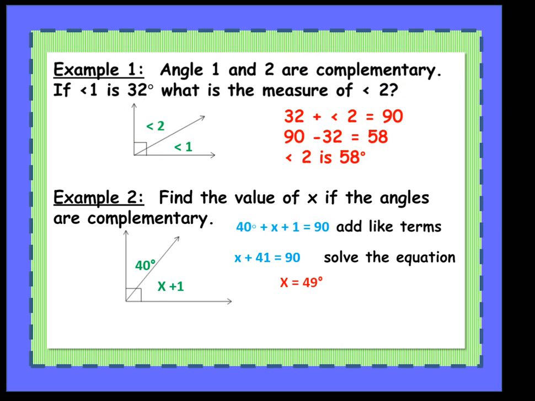So then they isolate angle 2. They subtract 32 from both sides, and they get 90 minus 32 equals 58. So if angle 1 is 32 degrees, angle 2 has to be 58 degrees if they are complementary.